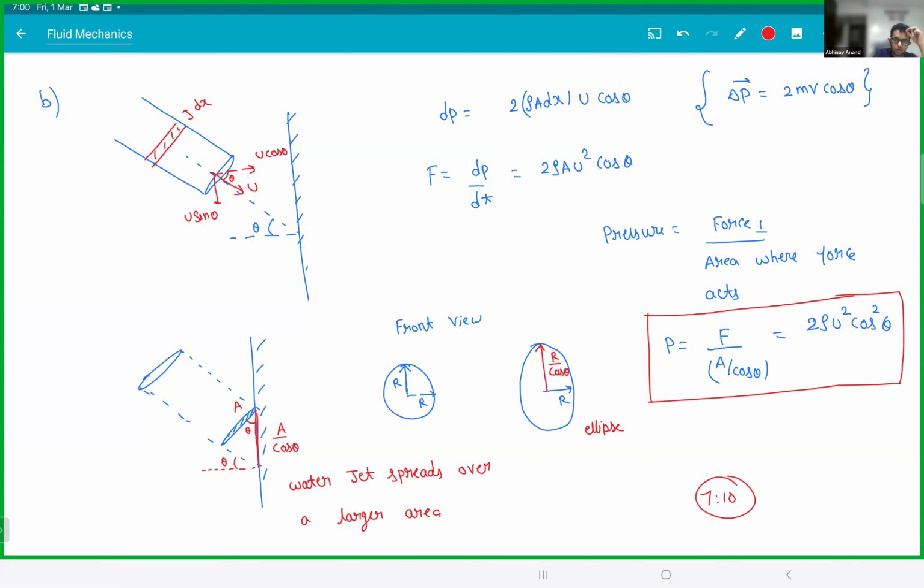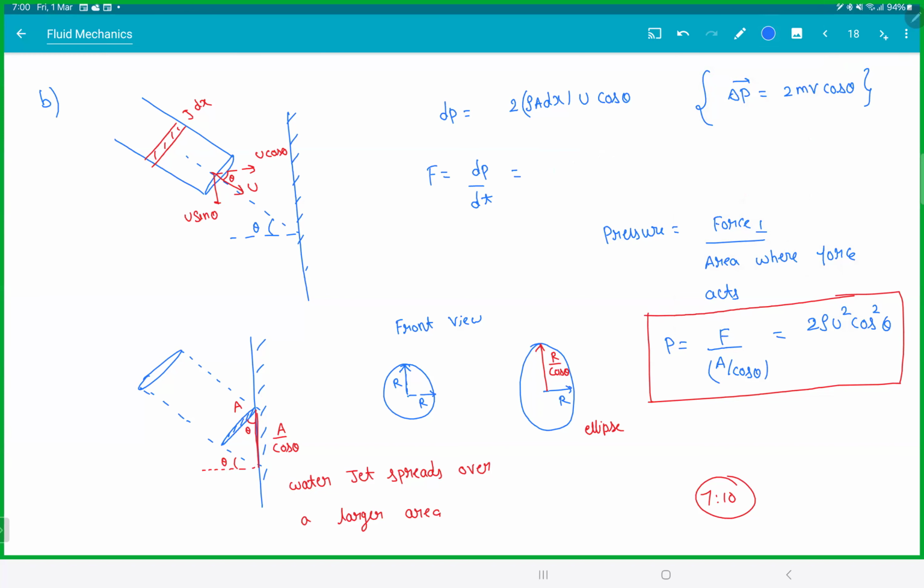So how did you get the u square there? dx by dt. Okay. Sir, could you explain that part where you got u cos theta? It should be square, no? So why 2u cos theta? Sir, force is rho A v square, so it should be 2u cos theta whole square. v is not u cos theta.